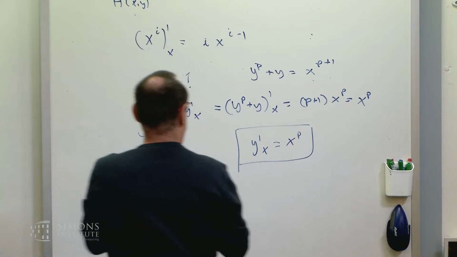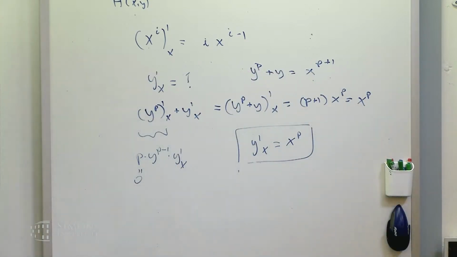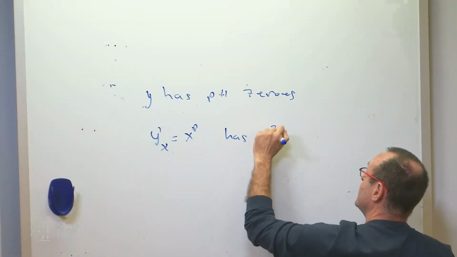Now, I want you to notice one thing. We said before that y has p plus 1 zeros, but the derivative of y with respect to x has p squared zeros.